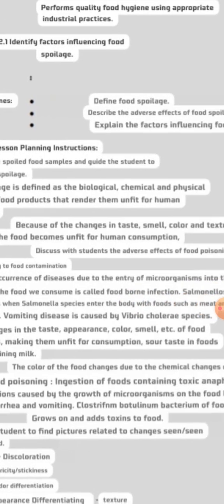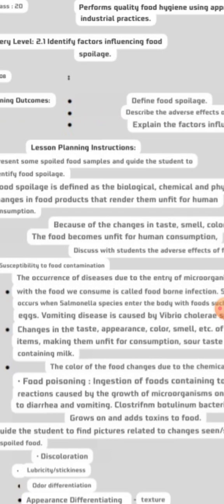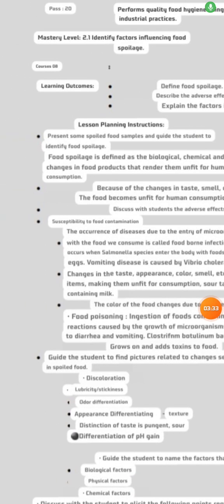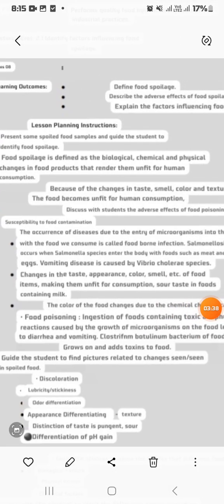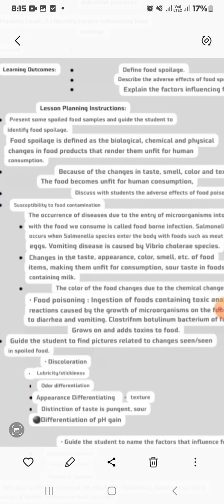They have asked us to discuss the adverse effects of food spoilage. When the food becomes unfit for human consumption due to changes in taste, smell, color and texture, we call it food spoilage.